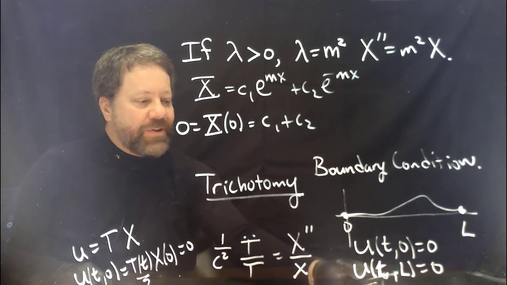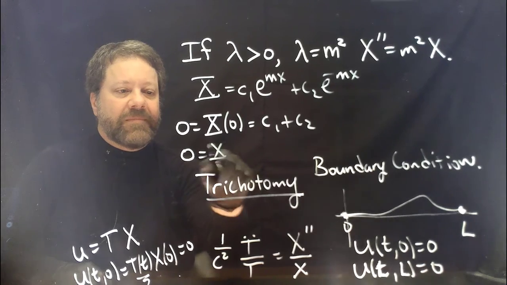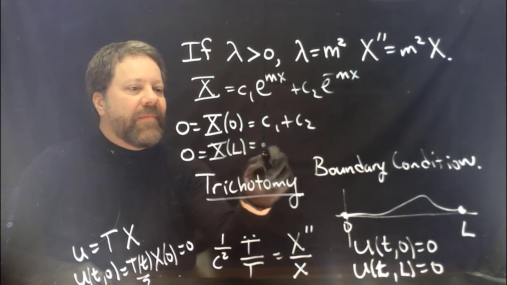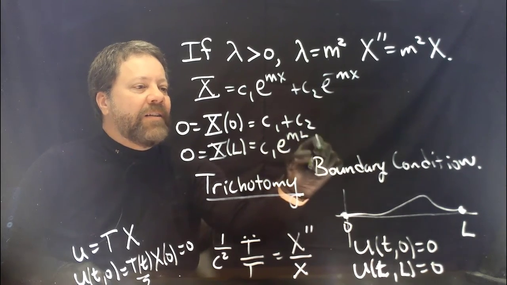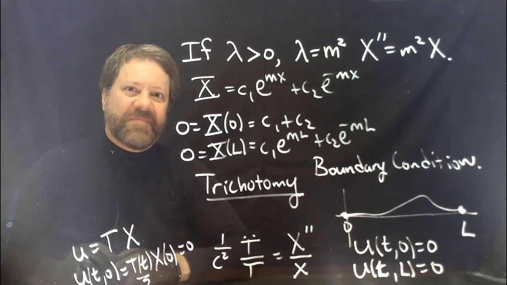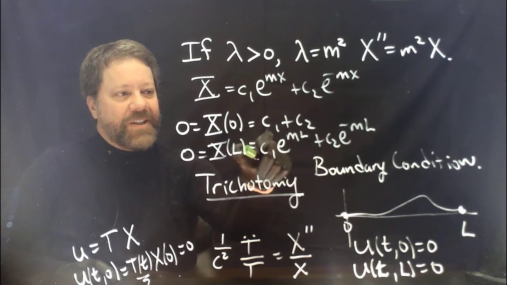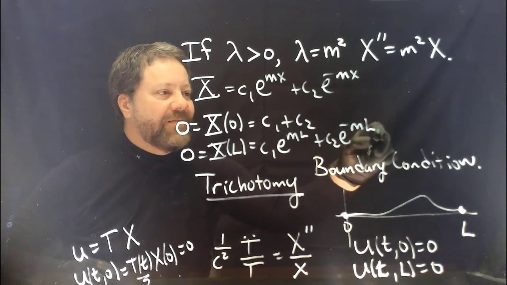But the same has to be true when you evaluate at L. We'll have c1 e to the mL plus c2 e to the minus mL. The first equation tells you that c2 equals minus c1.